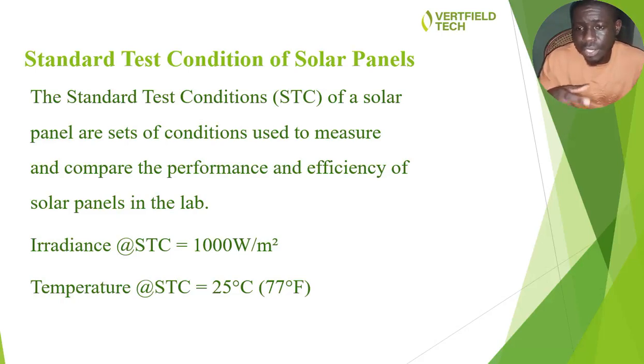The efficiency of these solar panels would be top notch, would be maximized as long as the temperature of your solar panels does not exceed 25 degrees centigrade, in as much as there is still a little bit of tolerance when we talk about these temperatures. Yes, but however, it should not be too high above 25 degrees centigrade.